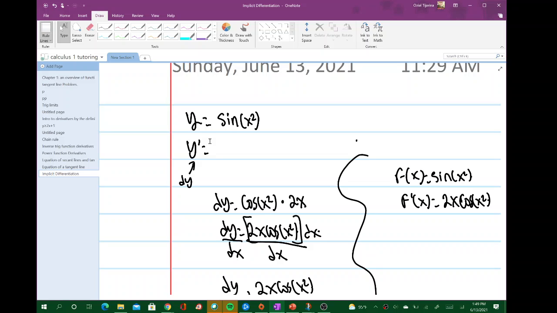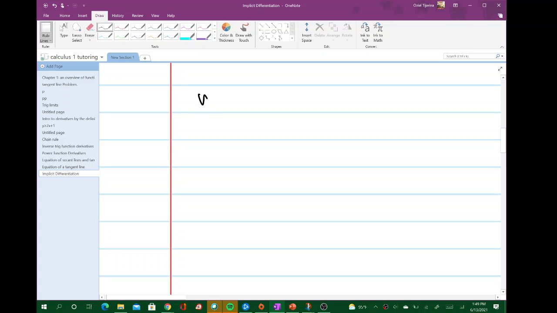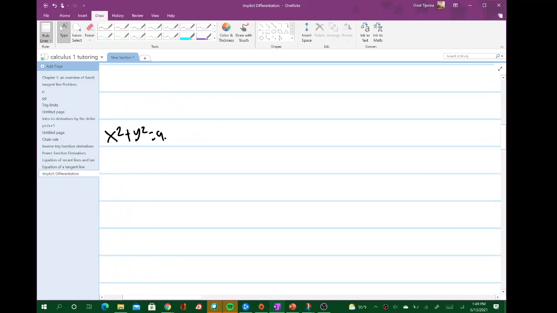So for example, if I have x squared plus y squared equals 9, the way that we would do this is the derivative of y squared would be 2y, but you would add a dy dx next to it.